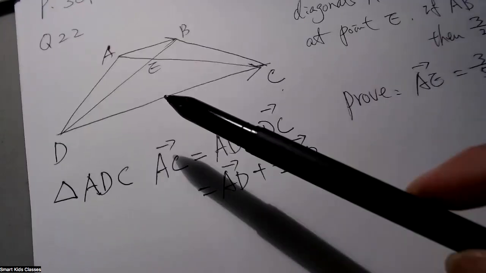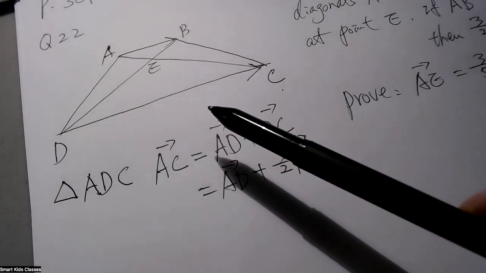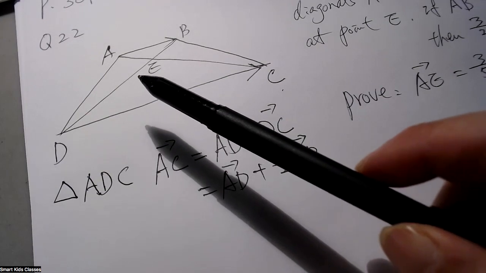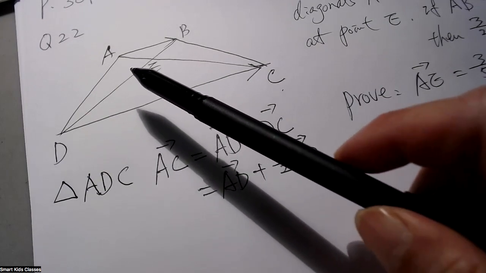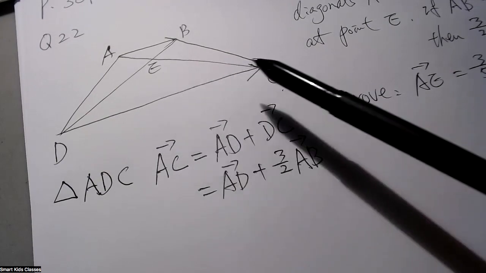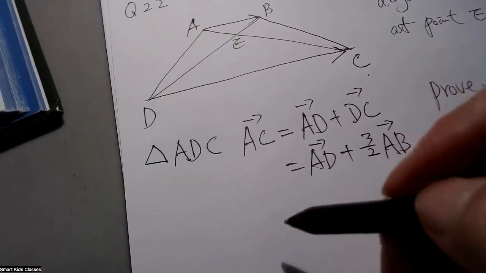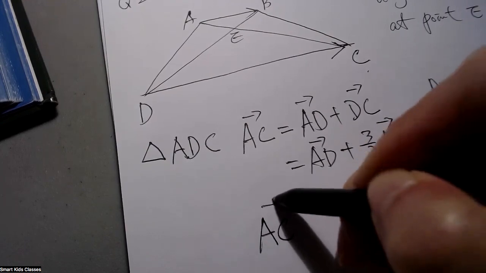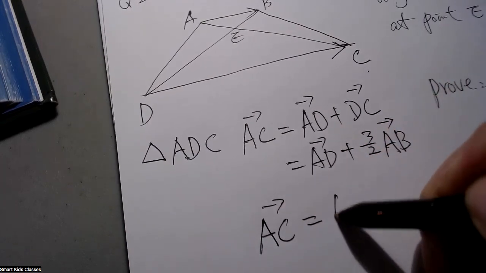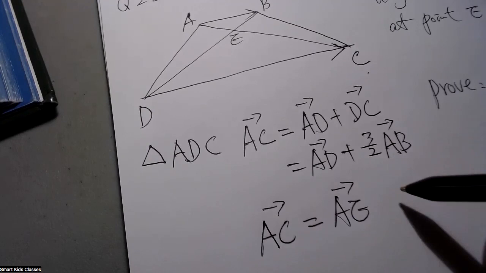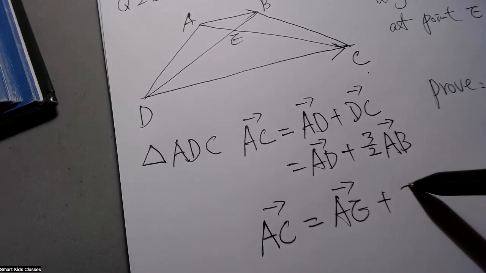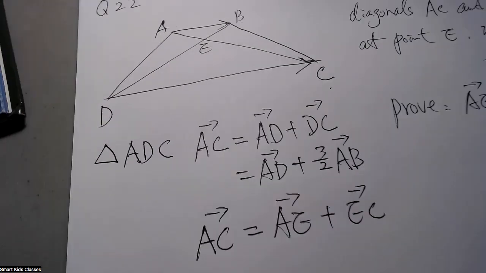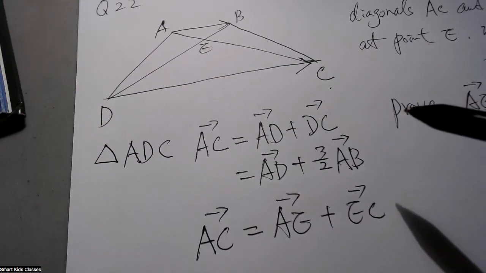We just look at this diagonal line, which is divided by the point E. So we have AC is equal to vector AE plus EC.